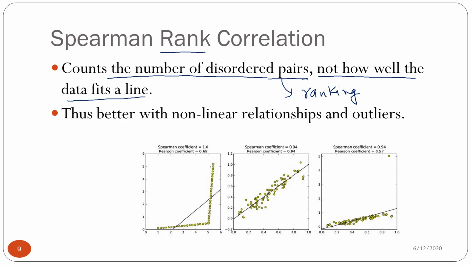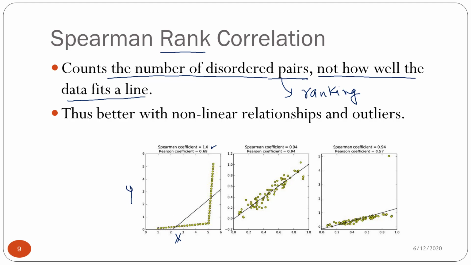In these kinds of cases, where we do see that there's a correlation between x and y, if I call this x and I call this y, then yes, we do have the correlation, but it's not captured by one straight line. So in these cases, our Spearman rank correlation will work fine. It will come up with a value like 1.0. So we have the value for the Spearman coefficient as well as the Pearson coefficient computed for this data.